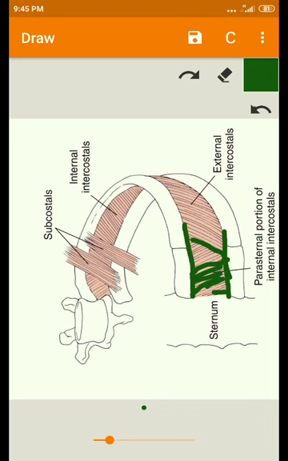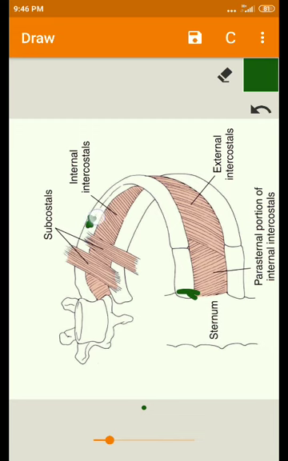Now these fibers, the internal intercostalis muscle fibers, extend from the sternocostal junctions, this is called the sternocostal junction, posteriorly to the angles of the ribs.